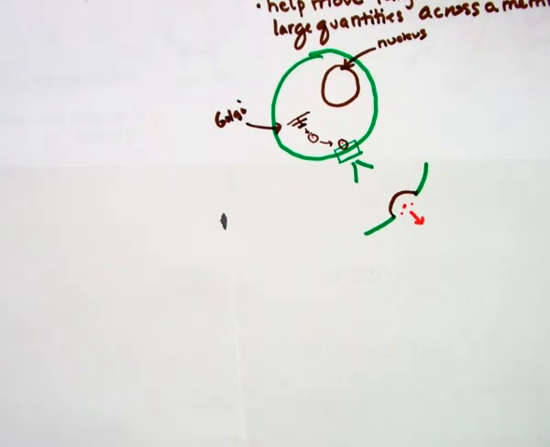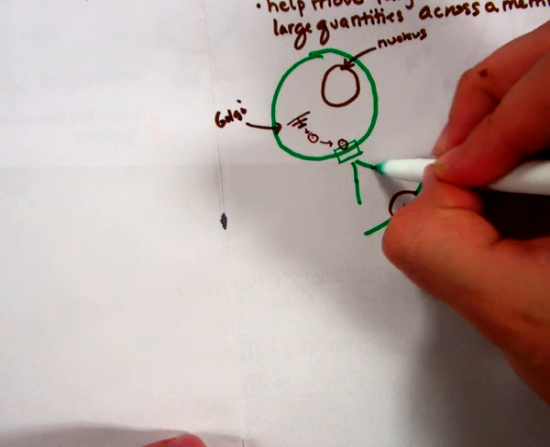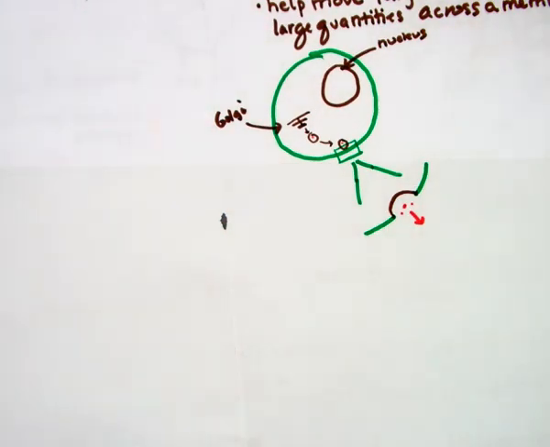Right? So it's like those little vesicles that are coming from the Golgi apparatus, they often contain proteins. They move to the cell membrane, and they actually fuse with the membrane and release the contents. Okay. We call that exocytosis.